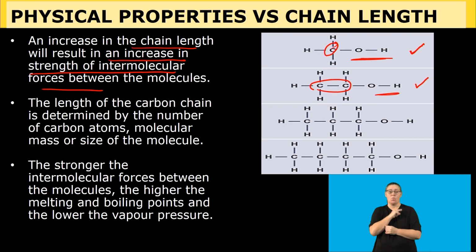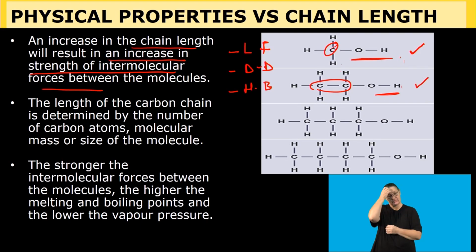The difference between the two is the mass or the size of the molecule, or the length of this molecule as we are seeing here. One has 1 carbon and the other one has 2 carbons. So when we are comparing these two, we know that it's an alcohol, it has the London forces, the dipole-dipole forces, and also the hydrogen bonds.